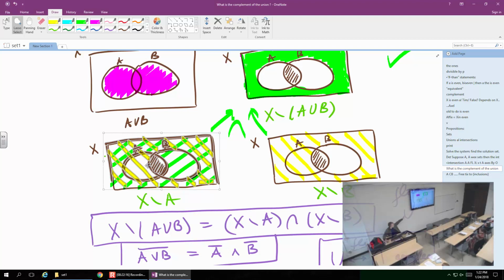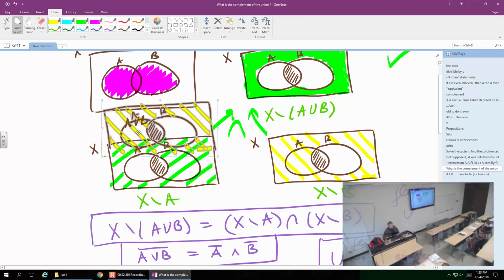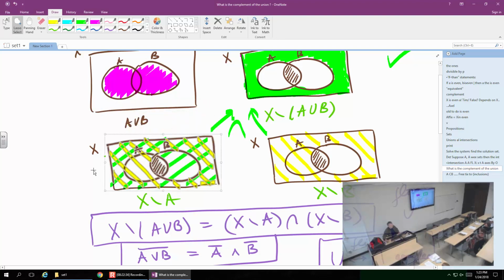So for example, you see those yellow lines inside of A, we throw them out because there is no green there. And similarly, inside of B, there are those green lines, but there are no yellow lines, so we throw them out too. So the intersection then, as you can see, is what's left outside of both of them. We do end up with that green area that we have on the right.